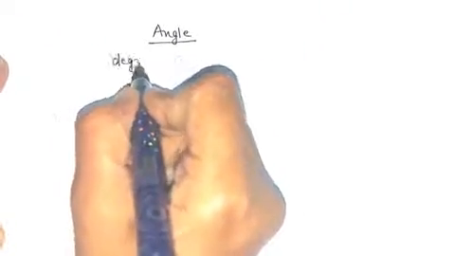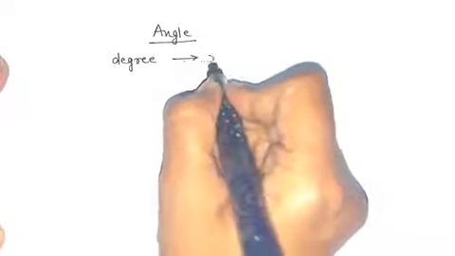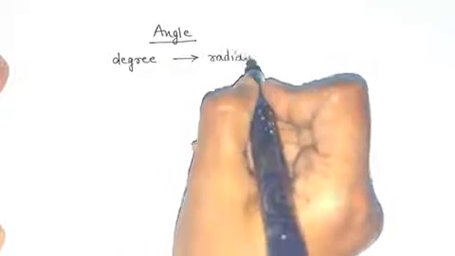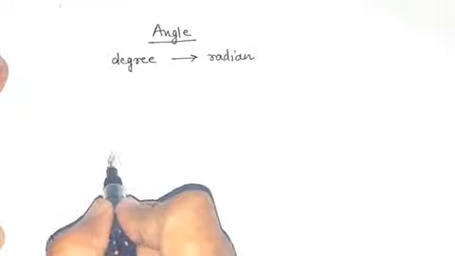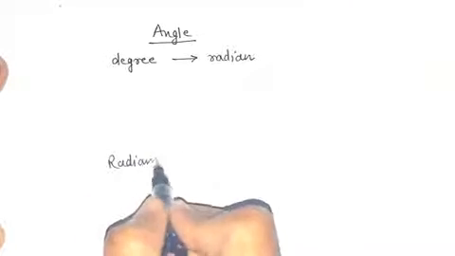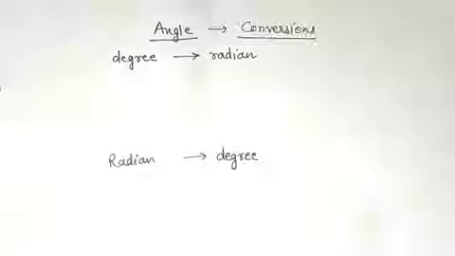Now we will learn the methods how to convert a given angle from degree to radian and from radian to degree.